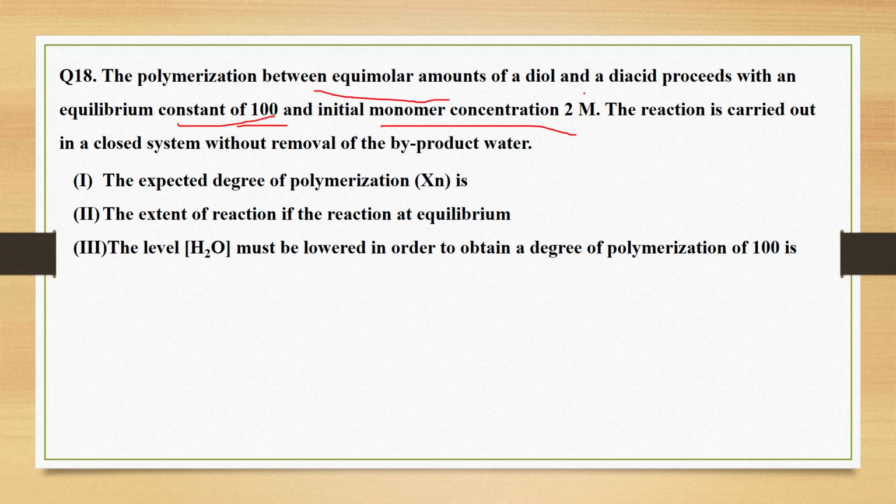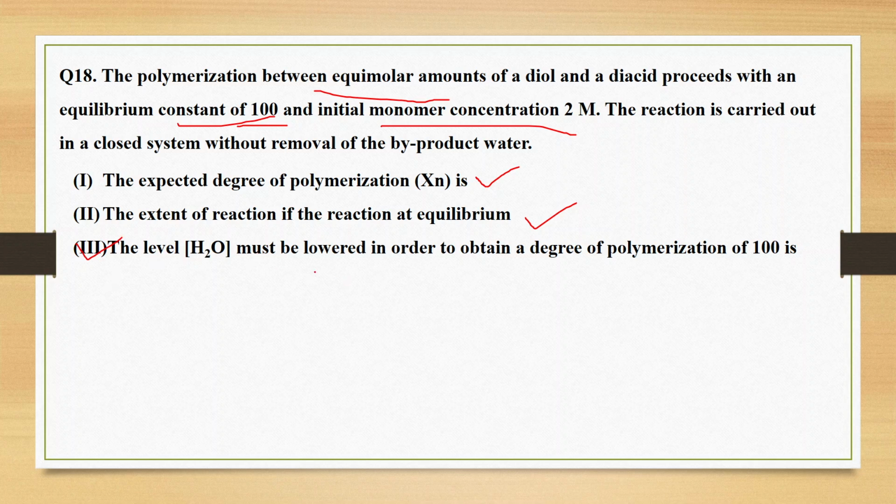The reaction is occurring between equimolar amounts of diol and diacid in a closed system without removal of the byproduct. A closed system means there is an equilibrium. They have asked us to calculate the expected degree of polymerization and the extent of reaction, just like the previous one. But the third question is a bit different.